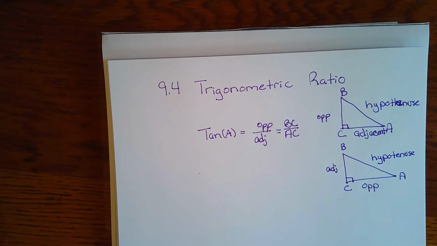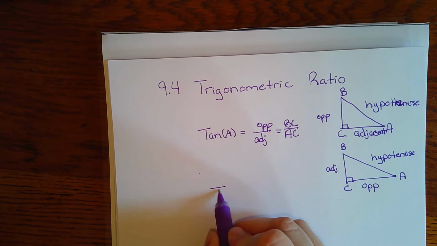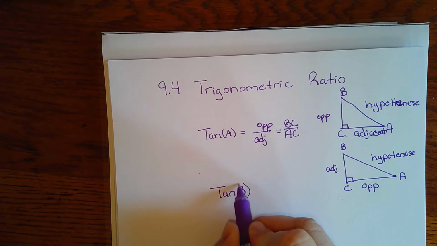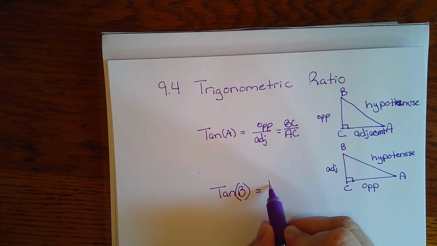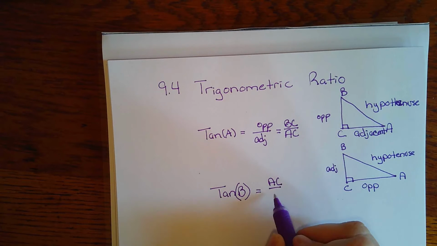Okay, so if that's the case, this is tan B. Tan B is going to be the opposite, which is now AC, over the adjacent, which is BC.